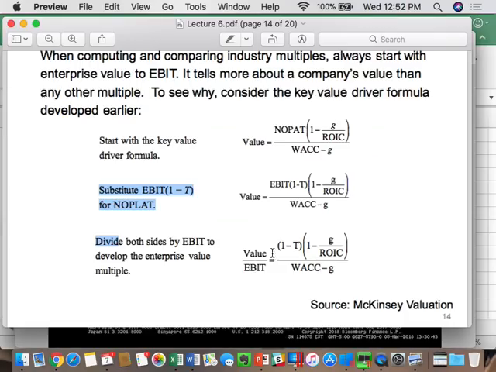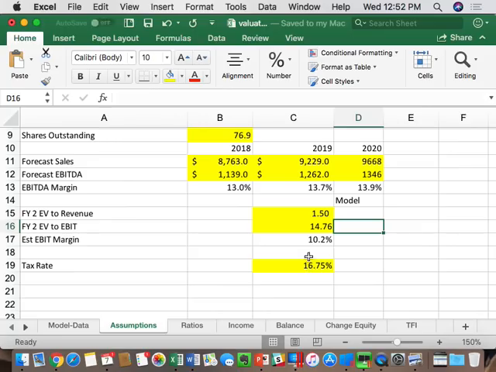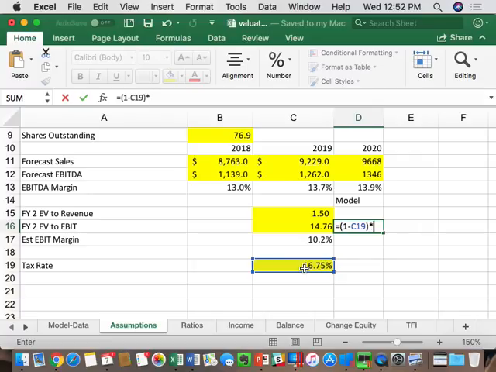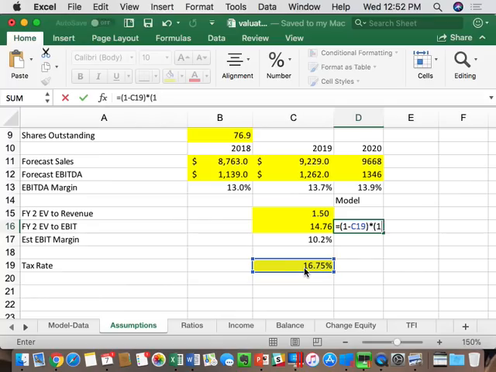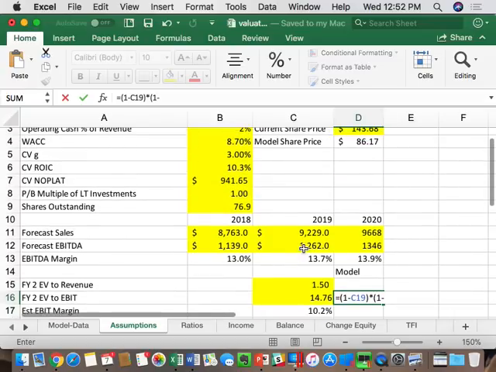So here's the formula. EV to EBIT equals, left paren, 1 minus the tax rate, right, times left paren, 1 minus the growth, divided by the ROIC.